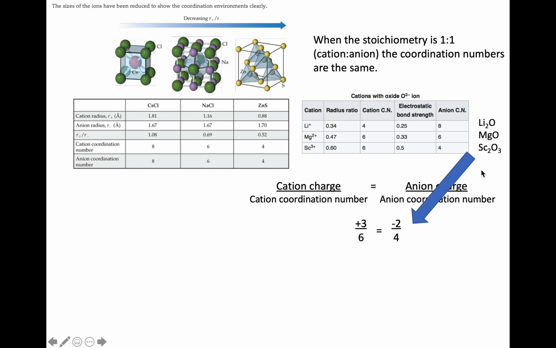So if I take the scandium oxide, I have a +3 with a coordination number of 6. I have a charge of 2 on the oxygen, coordination number of 4. This pattern works for all of these examples that we have right here.